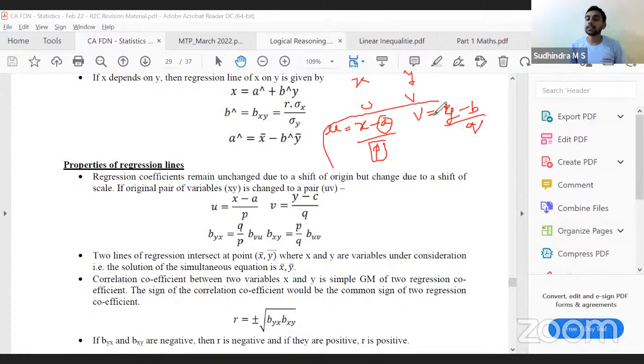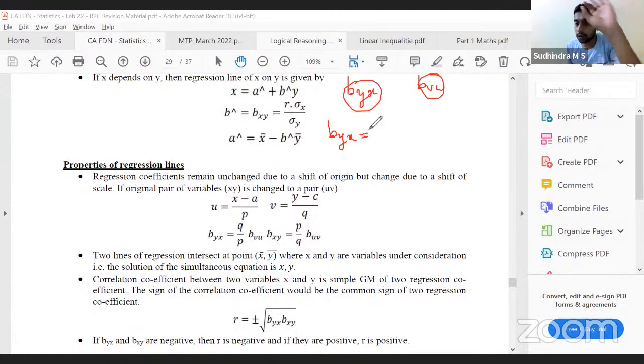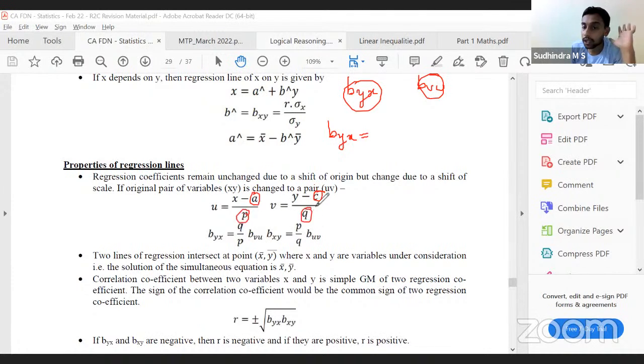In such cases, how do we get the value of byx from bvu? Since it's only getting affected by change of scale, we are not bothered about a and b, we are only bothered about p and q. Byx: first we are going with y, so y's related change of scale is q. Q divided by p into bvu.